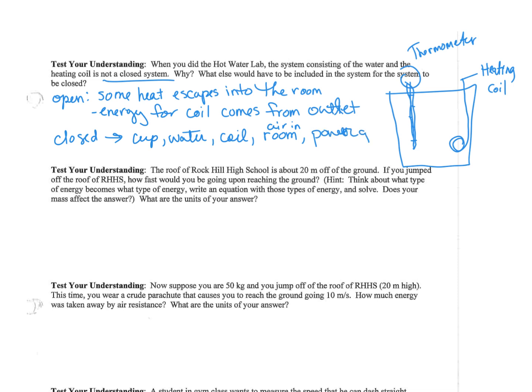The power grid, the power plant. When do we stop? See what I'm saying? So sometimes we just have to settle for an open system because a closed system would just be way too hard.